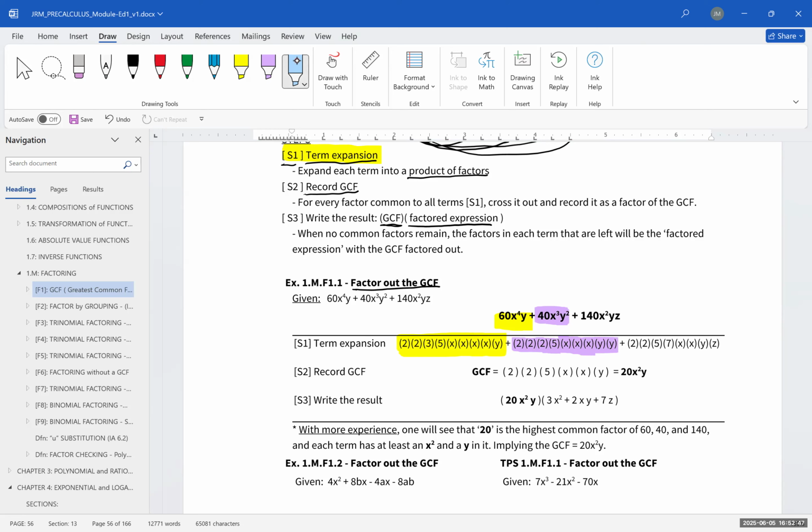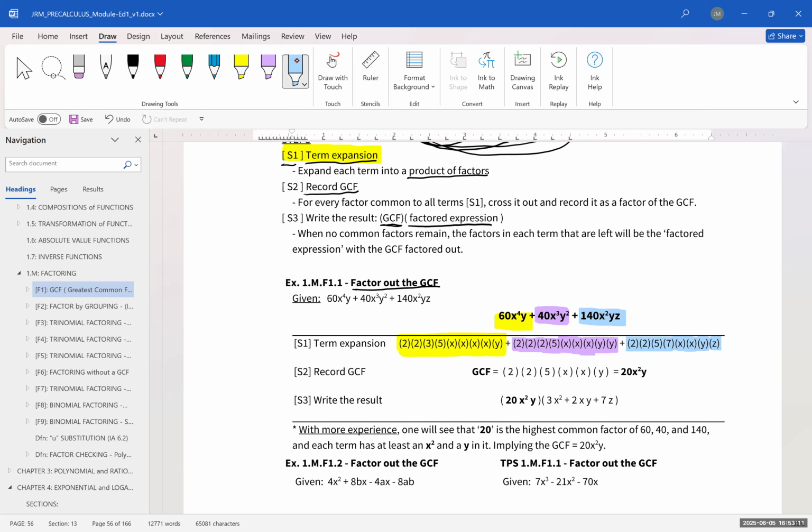And then the third term in this polynomial, the coefficient 140 is 2 times 2 times 5 times 7. And then we've got x squared, which is just x times itself twice, times y times z. So that's step one.